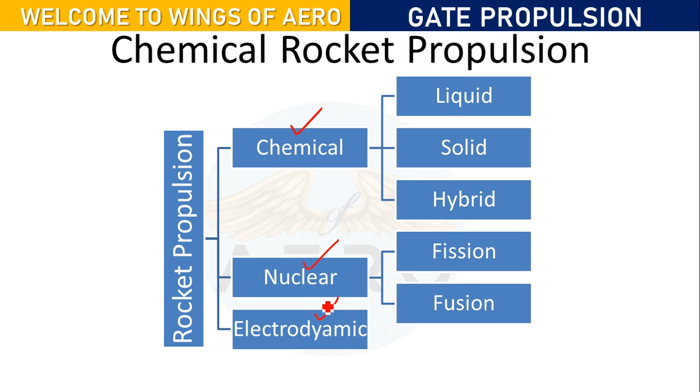Under electrodynamic, we have electrostatic, electrothermal, and electromagnetic. Now under chemical, we have liquid, solid, hybrid, and in nuclear we have fission and fusion, and electrodynamic will have another three types: the electrostatic, electrothermal, and electromagnetic.